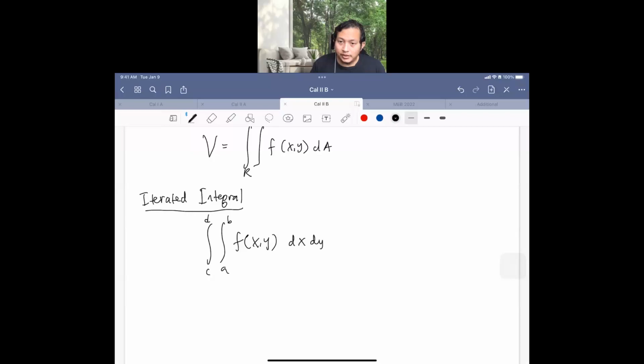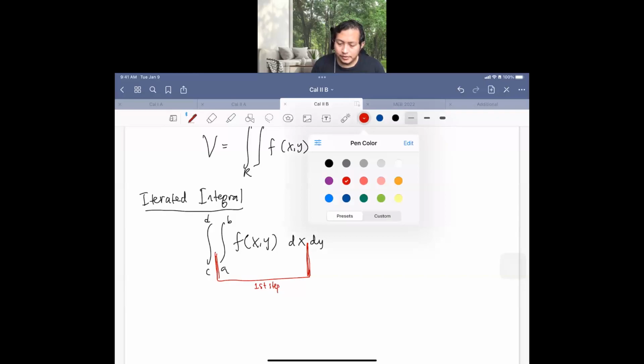What is happening in the process is that first we look at the integration inside. Okay, this is the first step. We integrate the one that is inside, and after we get the result, after we plug in a and b, then we have the second step.